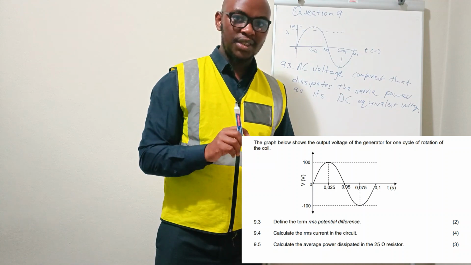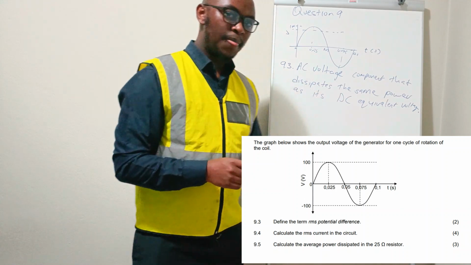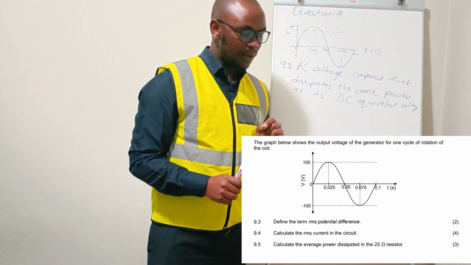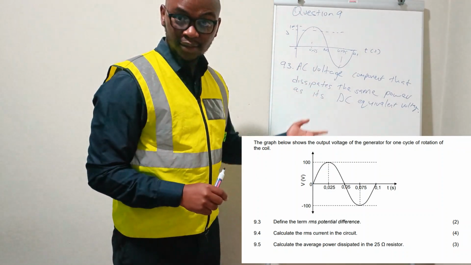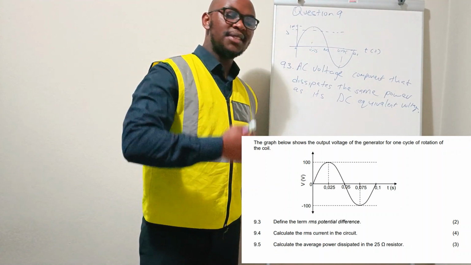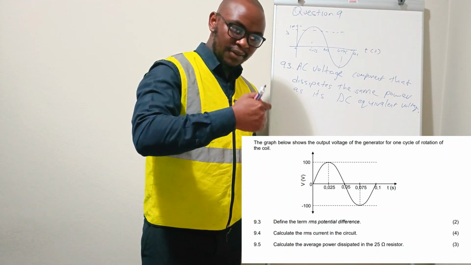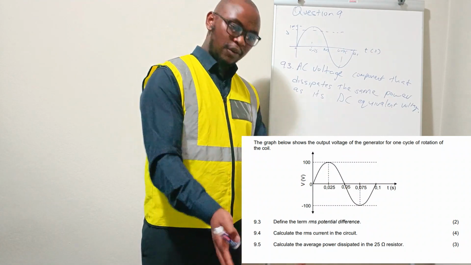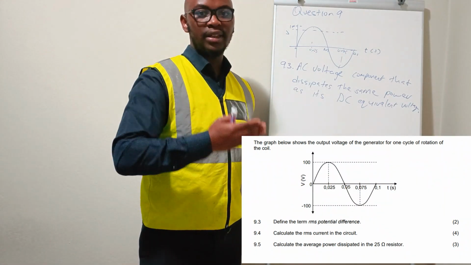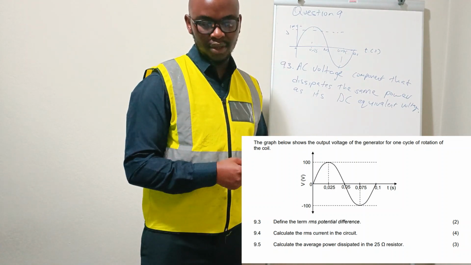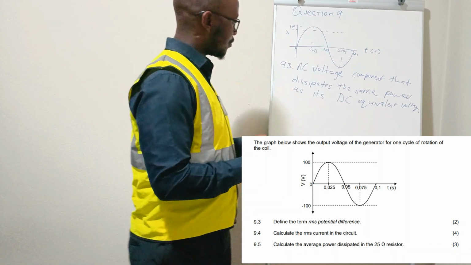So please reread the question carefully and figure out which RMS they are speaking about, because here we were defining the RMS voltage. Here we need to first figure out the VRMS, or the potential difference RMS, and from that we then calculate the current that is due to the same RMS voltage.